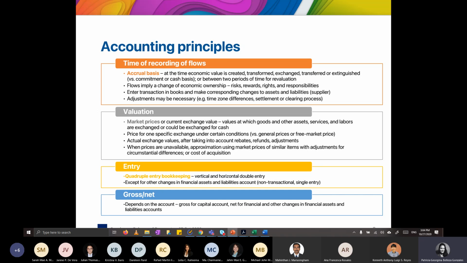It's netting the acquisitions of assets and the disposals of assets, and on the other hand, netting the acquisitions of liabilities and disposals of liabilities. So they are maintained in separate columns. It's only when we reach the IIP, the net IIP, that we subtract the net assets and the net liabilities. We'll go further into that later.